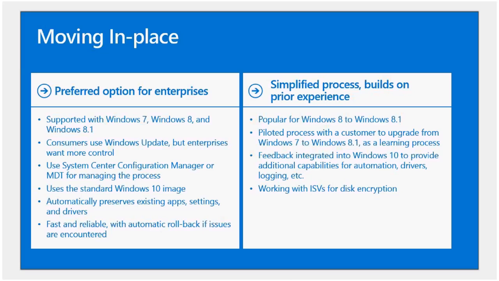We already talked about the speed of this, taking about 1 to 2 hours to do the in-place upgrade, but more important is if we run into any issues during the deployment, even if it's something like power failure or someone pulls a network cable or any type of issue, when Windows detects the issue and recovers from that issue, it's going to roll you back to the original OS and let you analyze the failure and run it again at a later point in time.